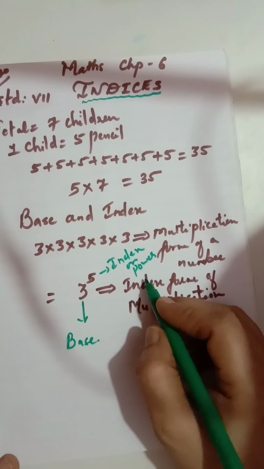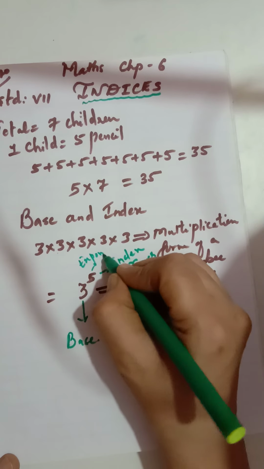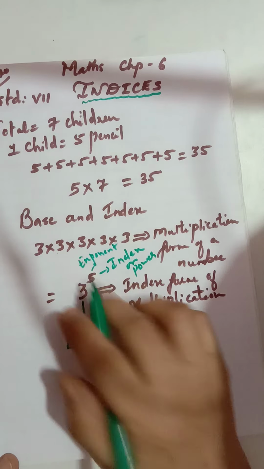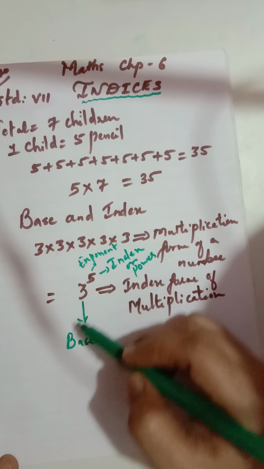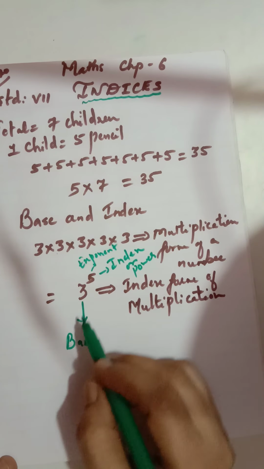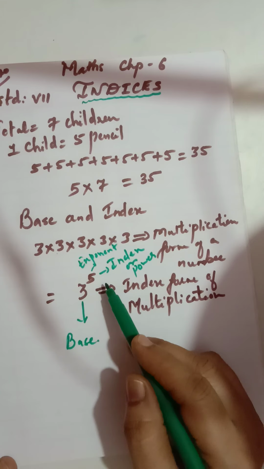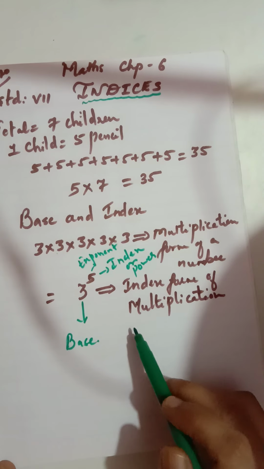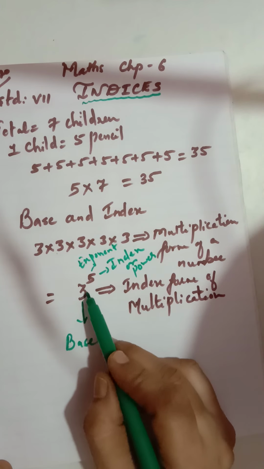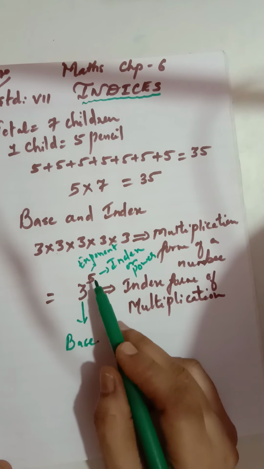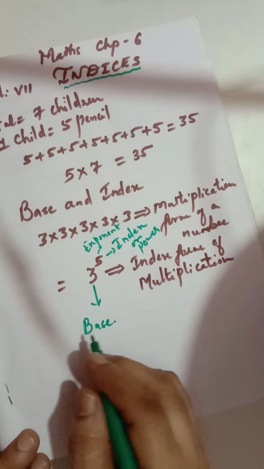The third term is exponent. So this 5 is called your index or power or exponent, but this 3 is called the base. And how are we going to read this? 3 raised to 5, 3 power 5.